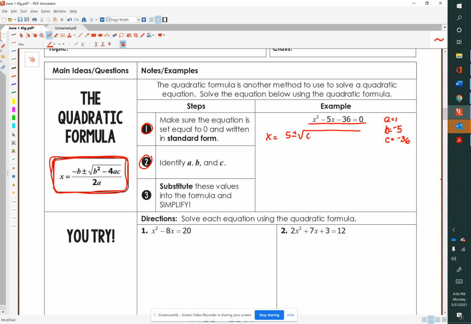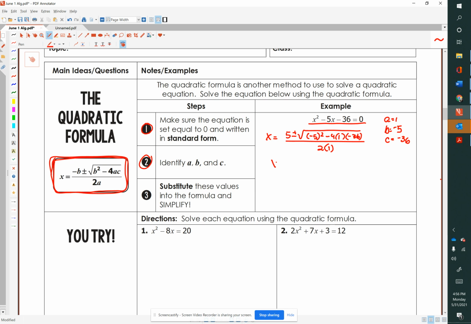We have b squared, and our b is negative 5. Make sure you use parentheses very carefully, please. Negative 5 squared minus 4 times 1 times negative 36, and all of that will be over 2 times our a value, which is 1.